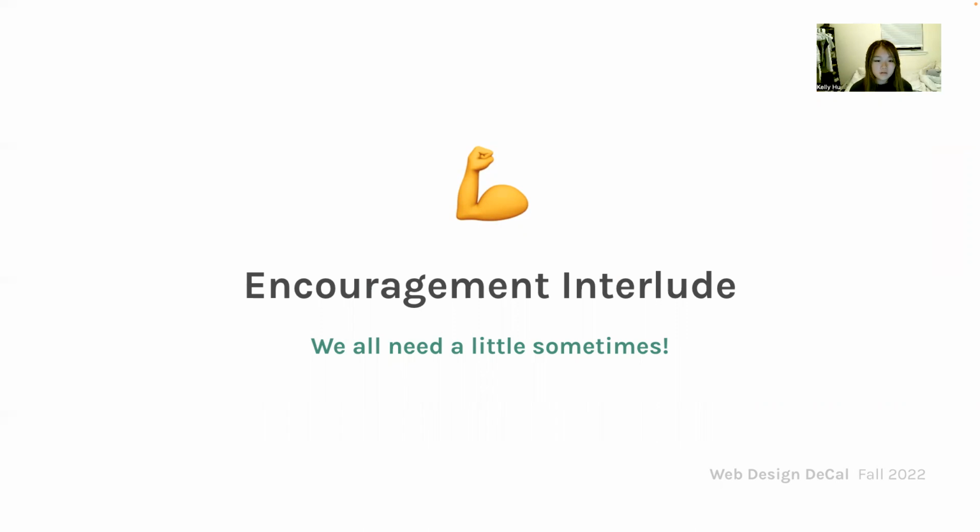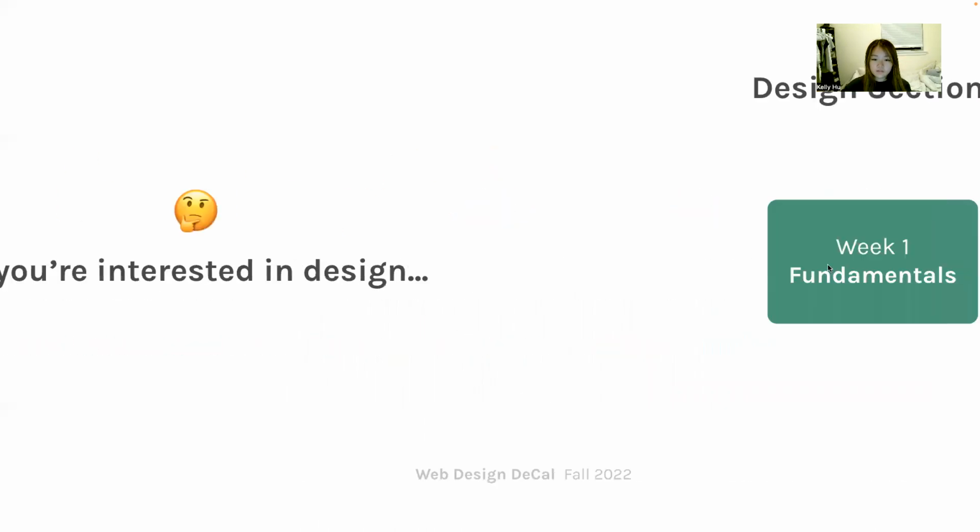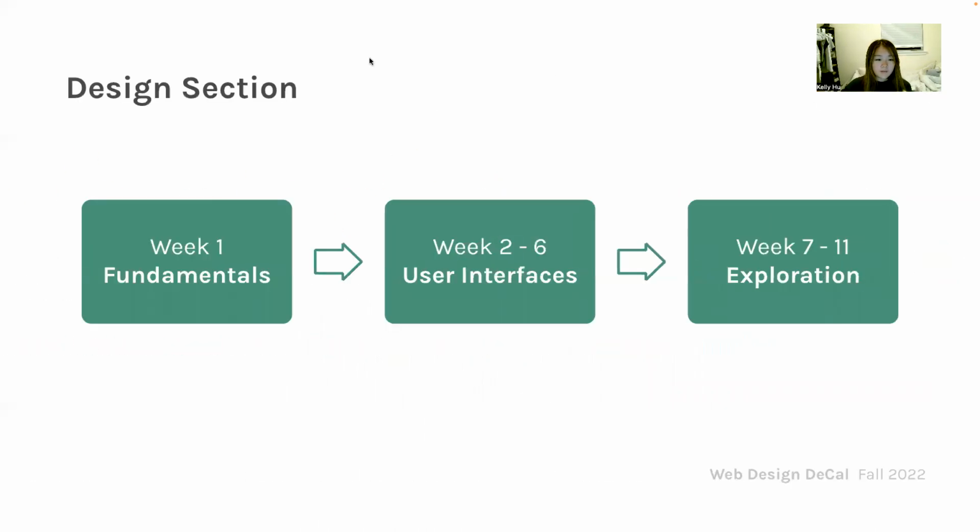It can look really good, but it might not work. And in order to be a really good designer, you've got to figure out how all those things work, how the human perspective plays into things, and that's when your code can really become something meaningful. So if you're interested in design, here are the breakdowns of what we'll be doing over the next few weeks. The first being fundamentals, and then user interface, and then exploration.